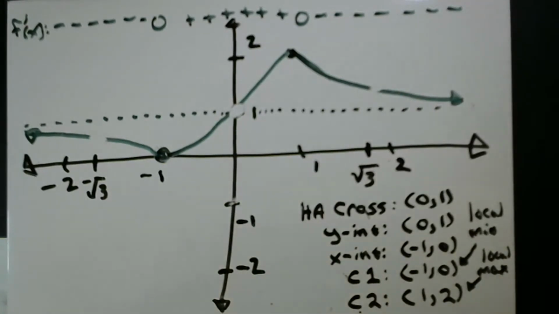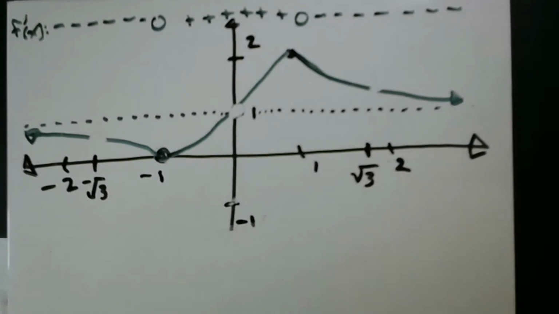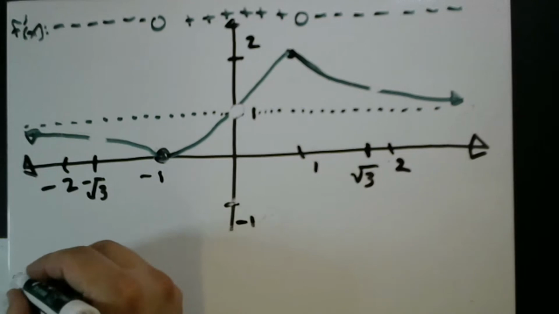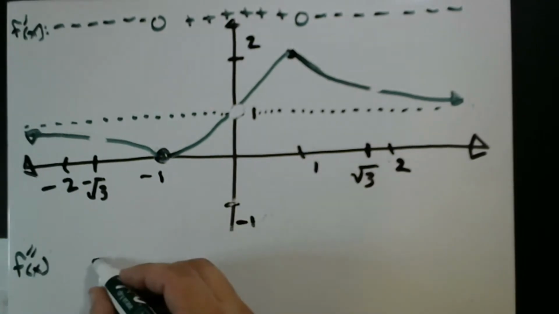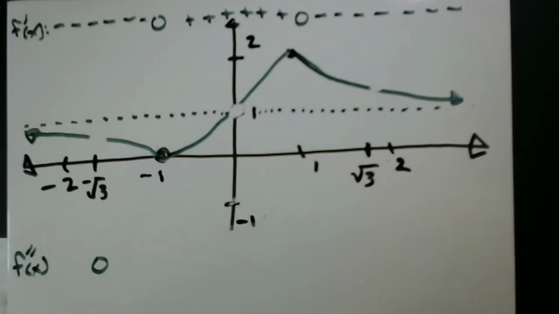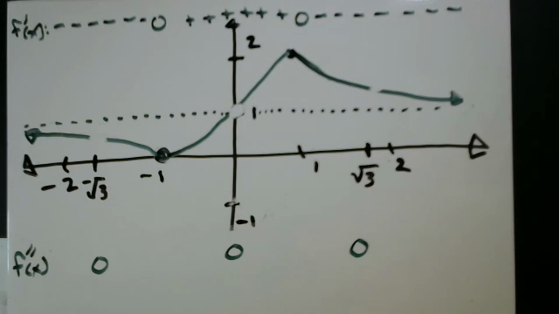And if we think about our concavity, what we're going to have, we'll put in F double prime. We had a 0 at -√3, a 0 at 0, and a 0 at √3.